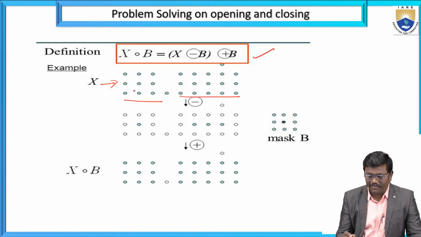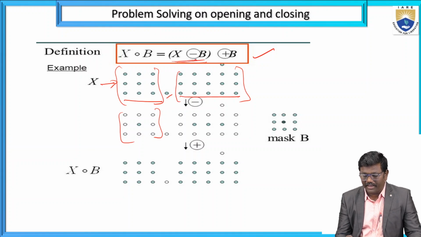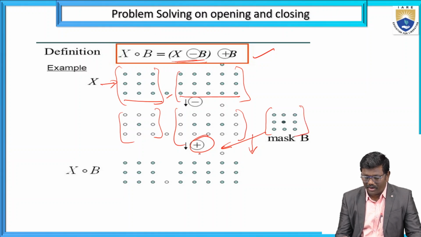As per the example, we take the values and A circle B. Then we compare both as per the negative which we apply here, and we understand the next part. This B is the mask value. By adding this one to this, we get the final solution value.